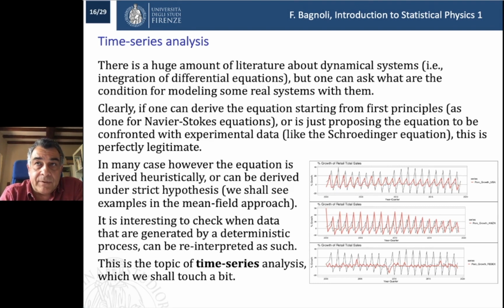If one is confronted with this data, one may ask: are they generated by a deterministic system, a system that I can model using a differential equation, or by some stochastic system, so in a sense a system so complex that at least some part of it is well represented by something that cannot be followed up to the finest details, but has to be simulated or approximated by a stochastic system?